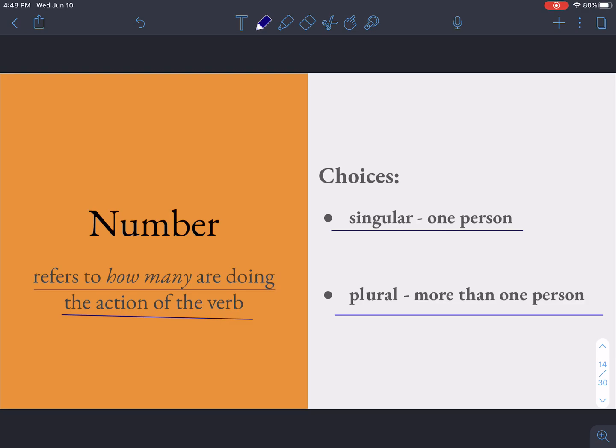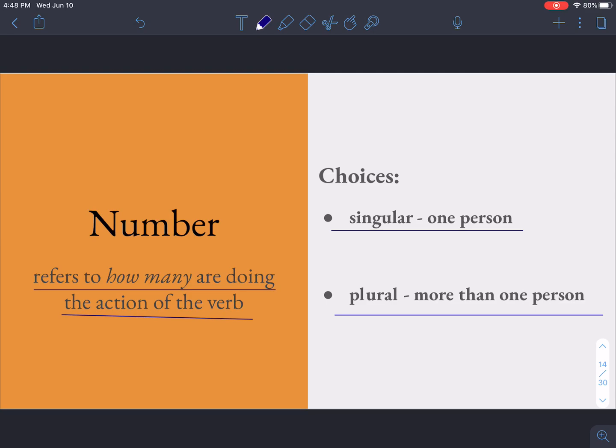An example of plural would be we go shopping. Another example would be y'all do the homework. A third example would be they chat. So you see how in the singular examples there's one person, and in the plural examples there's more than one person doing the action of the verb.